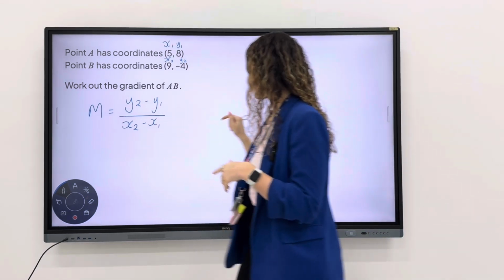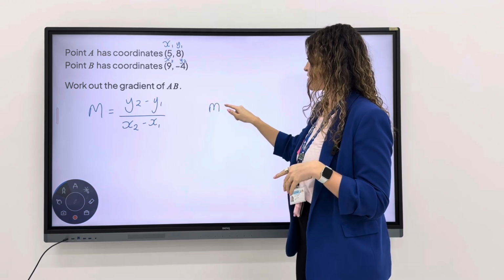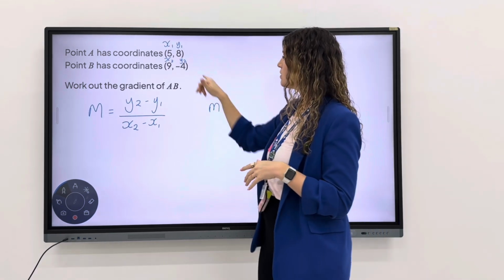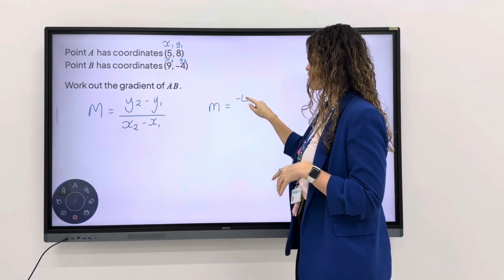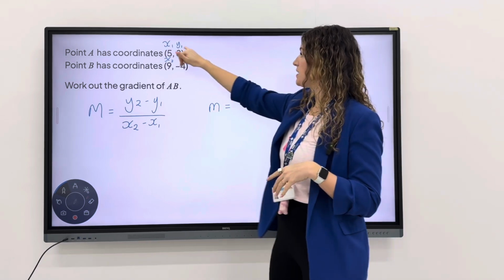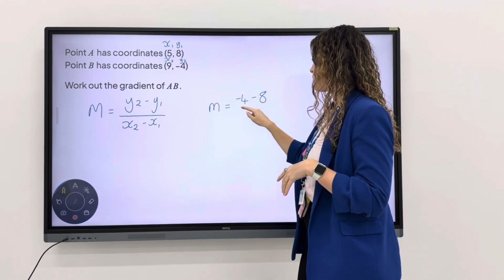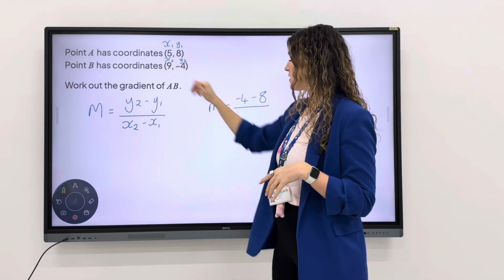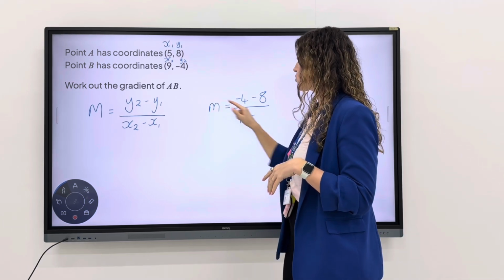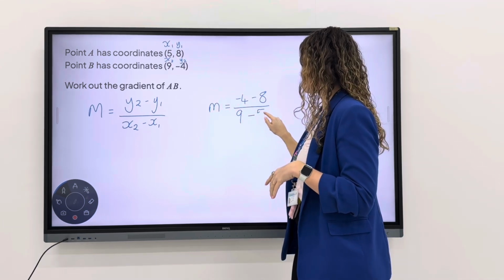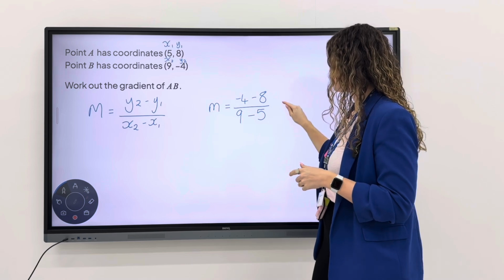So for this question, let me come over here where I've got some space. So m is equal, we have -4 for y2, we are subtracting 8, and we are dividing by 9 subtract 5. Okay, so let's simplify this.